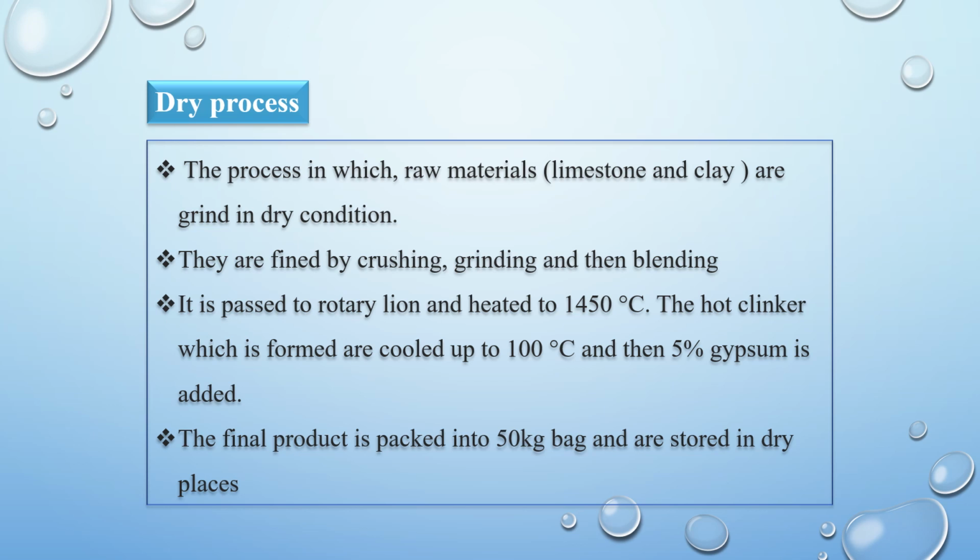After homogenizing, we pass it through the rotary kiln where we heat it up to 1450 degrees centigrade. When the clinker is formed, we cool it to 100 degrees centigrade, then add 5% gypsum and grind it. Now your cement is prepared. Now it's time to pack it and store it in dry places.